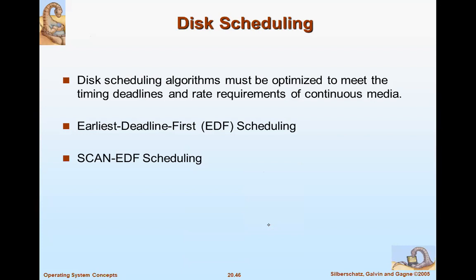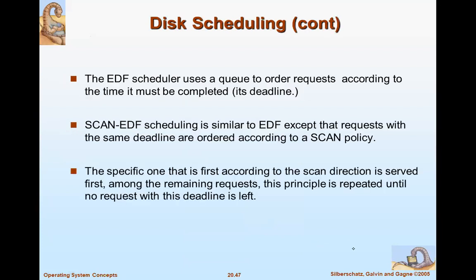And similarly, the next one is the scan EDF, scan earliest deadline first scheduling algorithm, which is also used with different processes or with different programs in such types of systems.